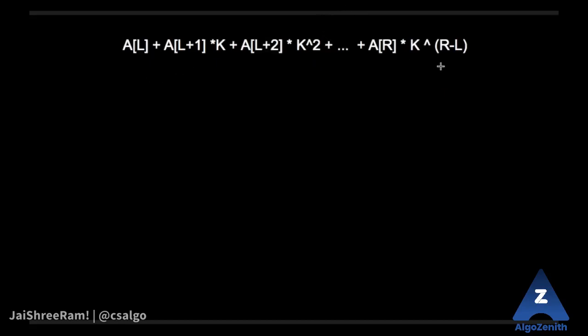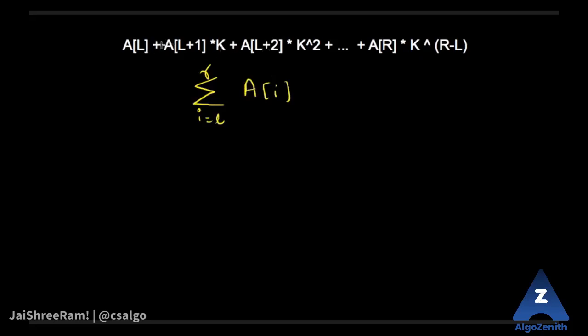Let's look at the expression carefully. First of all, we'll write this in a generalized summation notation. Let's say we write it as the sum for I equal to L to R of A of I. And what do we multiply with A of I?